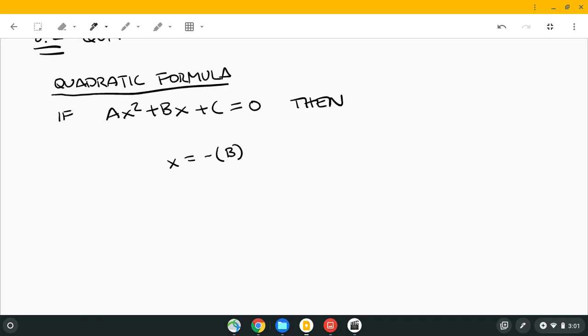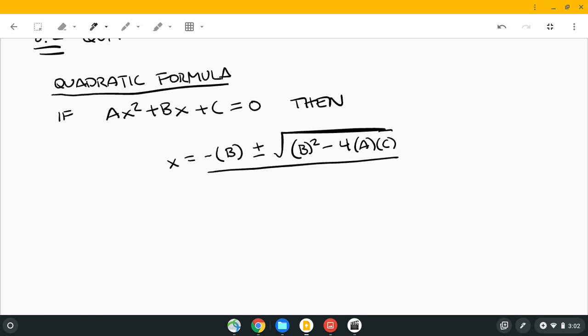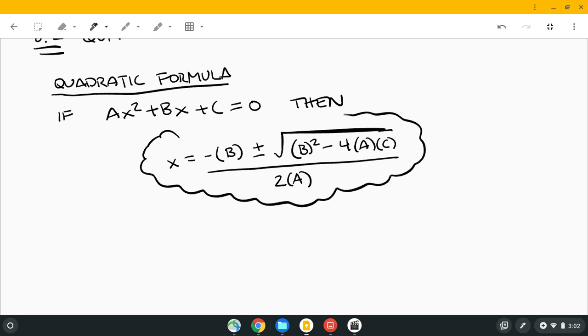I highly encourage you to use parentheses where I put parentheses. Okay, so negative b plus minus square root b squared minus 4 times a times c, all over 2a. Okay, so this is your formula right here. Hopefully you have it memorized.